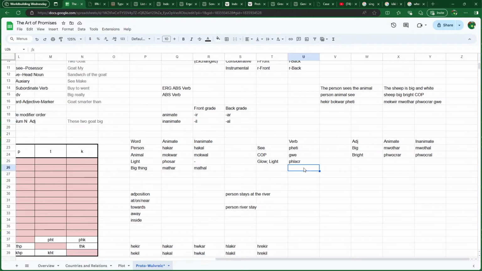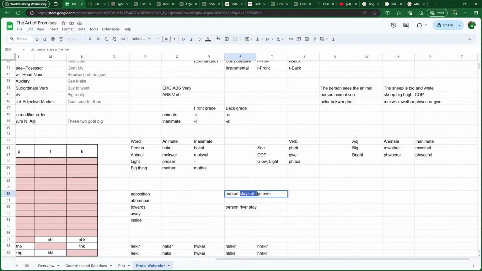But my thing is, at some point, will they change? Because I'm trying to determine whether the word we have for stay here, in person, river, stay, will permanently turn into the adposition, or will it always be both a verb and an adposition, depending on context?